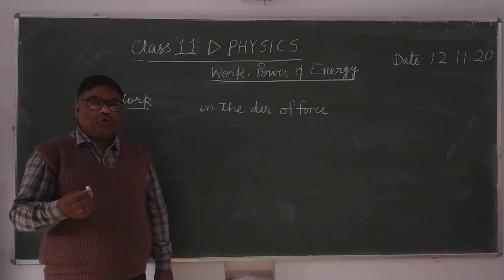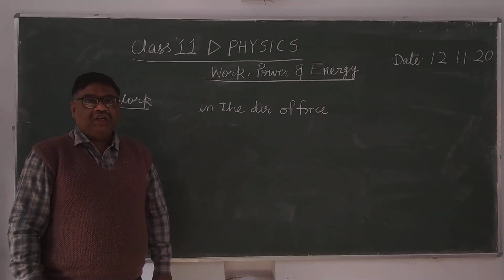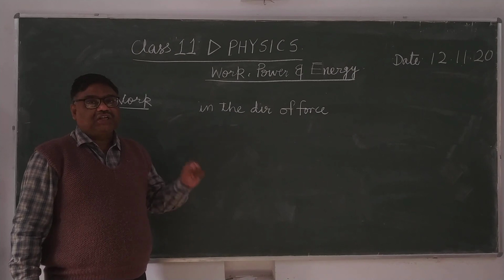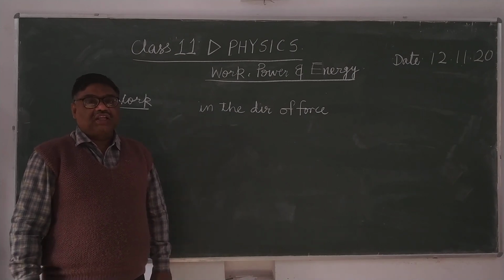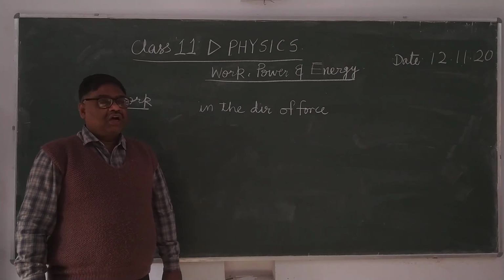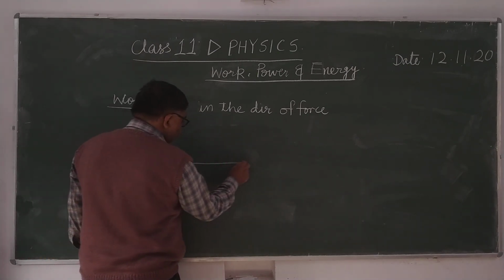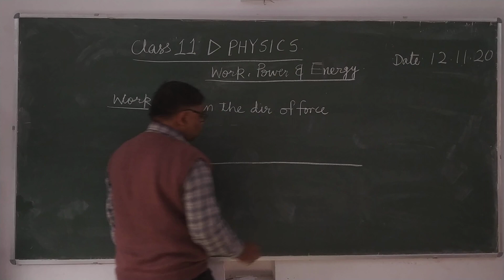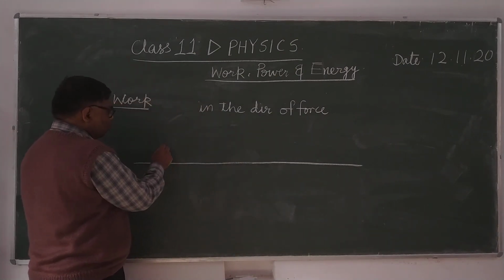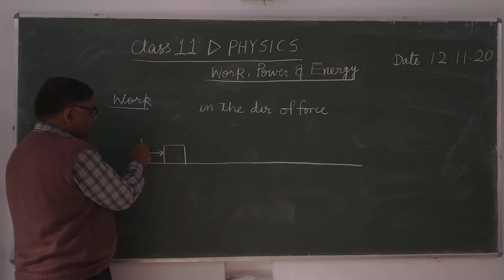Means, suppose you have applied force on the body and there is no displacement in the direction of force, then there will be no work. How will you evaluate that work? Suppose this is a body, here this is the ground and the body is lying over it. You have applied some force F here.